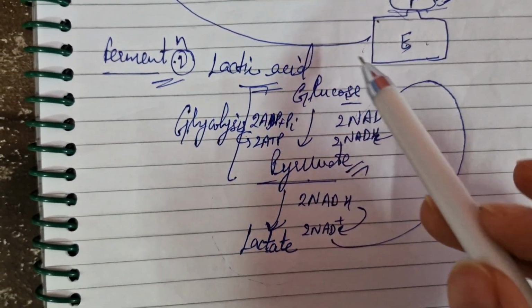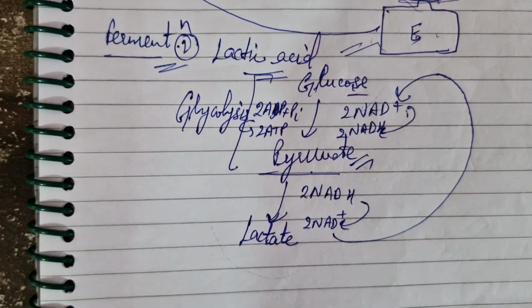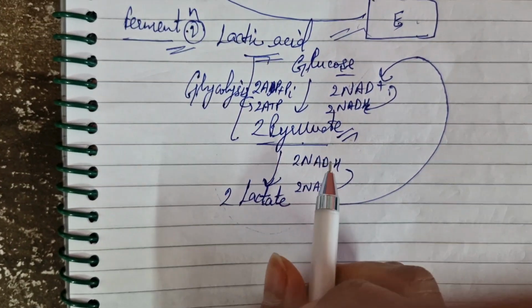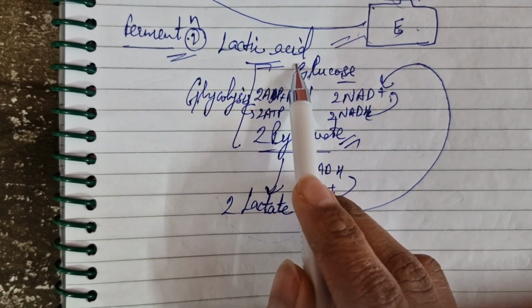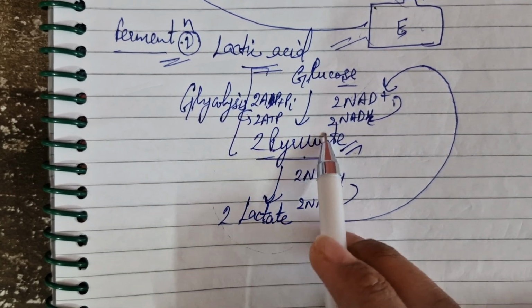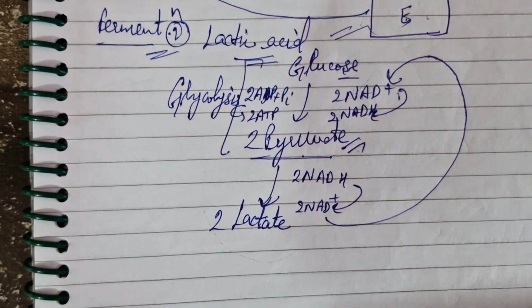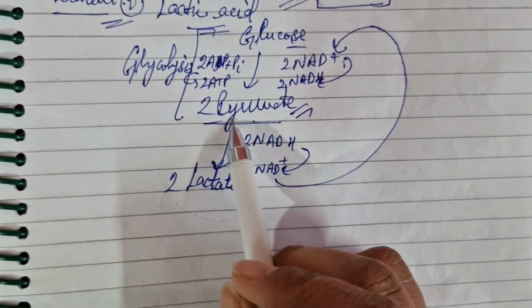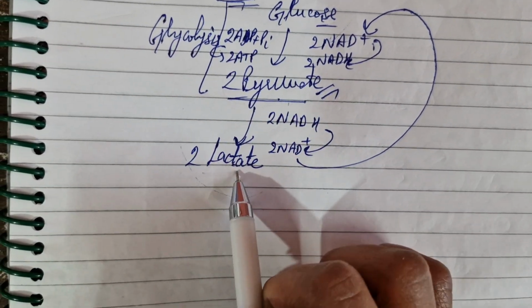Hence, this was the lactic acid fermentation. Point to be noted is that in this lactic acid fermentation, 2 moles of pyruvate and 2 moles of lactate are formed.